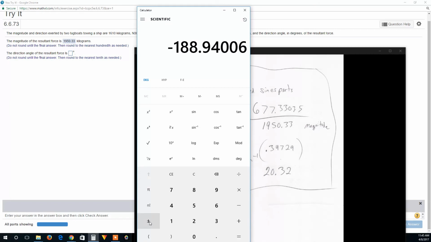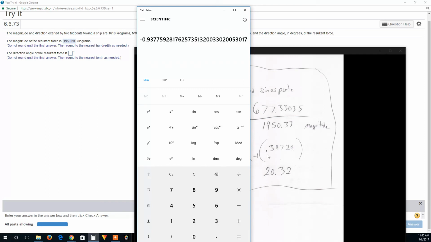I'm going to turn that negative. Oh, looks like I lost a number in there. That was 1828.94006 negative, and we want to divide that by the force over here, 1950.33. And we're going to take the inverse cosine.